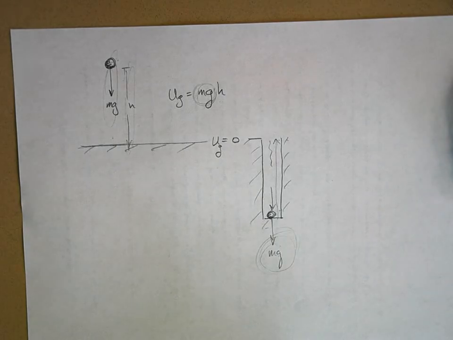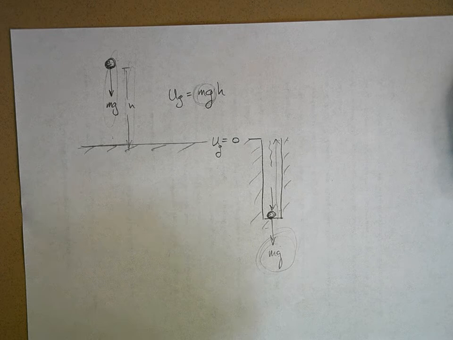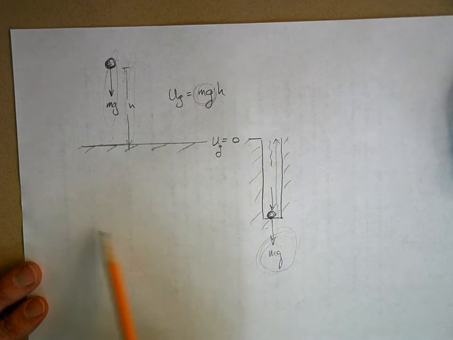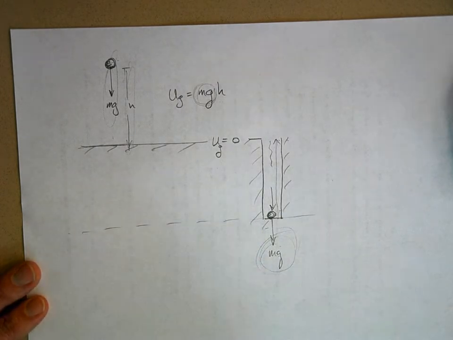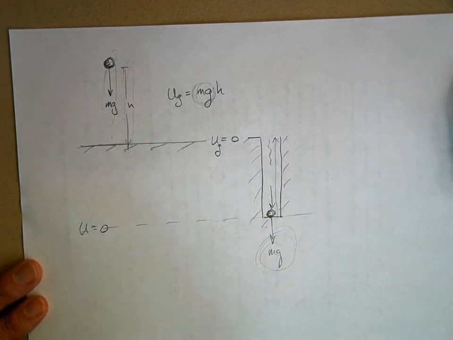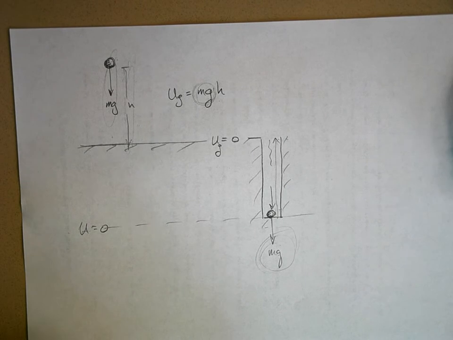Okay. So kinetic energy is always positive. You can have a negative change in kinetic energy. But gravitational potential energy can be negative, depending on where you put your reference. Now you could, if you're doing this problem, say, hey, I'm going to make U equals 0 right here. That's fine. You can change the reference of where you measure gravitational potential energy from anywhere you want, as long as you stay with that reference throughout the whole problem.